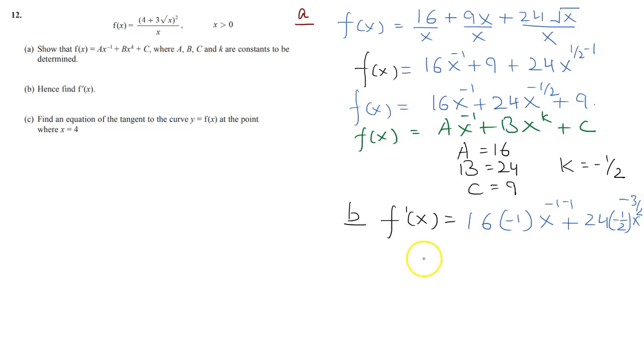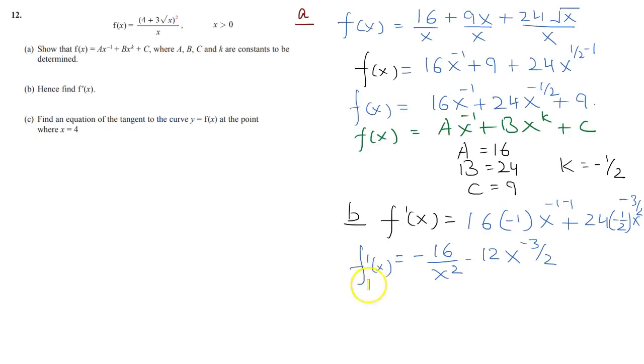So it will be minus 16 over x square, this is minus 12 x to the power minus 3 over 2. So that is f dash x.